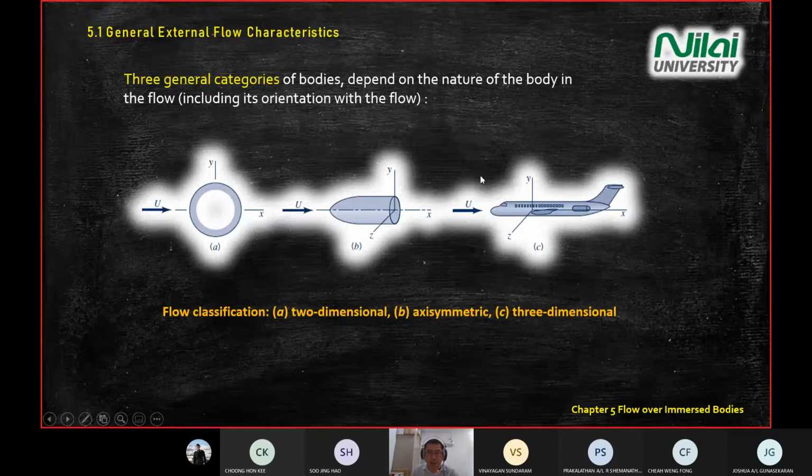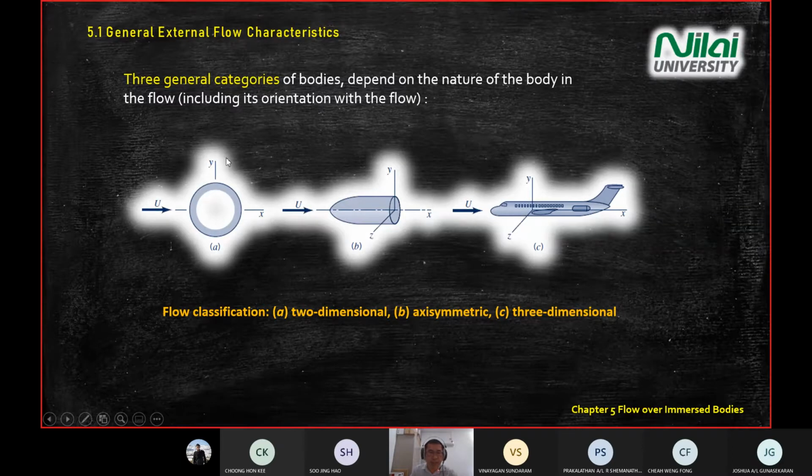And the more complex, more realistic example is the three-dimensional flow. This is the one in the video I showed you just now, a three-dimensional experimental test. So we have two-dimensional flow, axisymmetric flow, and three-dimensional flow. Each one gives you a different equation.